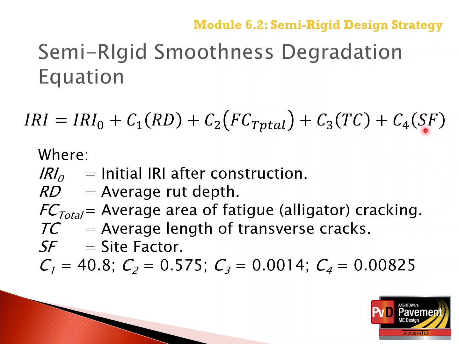And then this is the site factor, which represents the same condition as was discussed for flexible pavements, and we'll mention it in the next slide as a reminder. The calibration coefficients: C1 for total rut depth, 40.8; C2 for total fatigue cracking, 0.575; C3 for total transverse cracking, 0.0014; and C4, the site factor, is 0.00825.